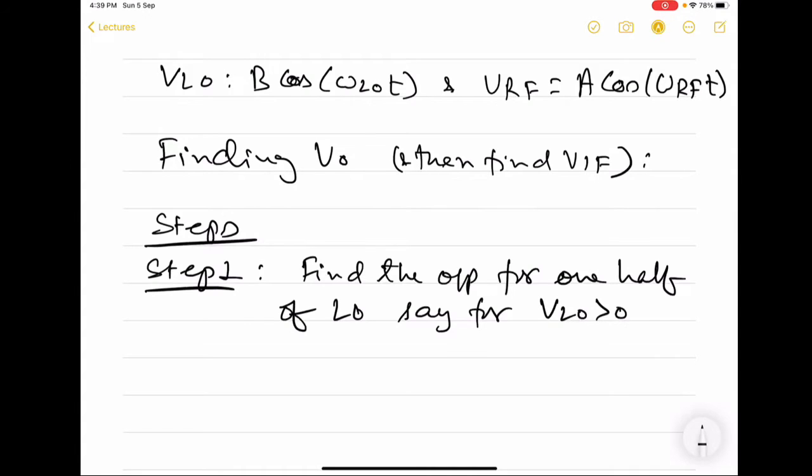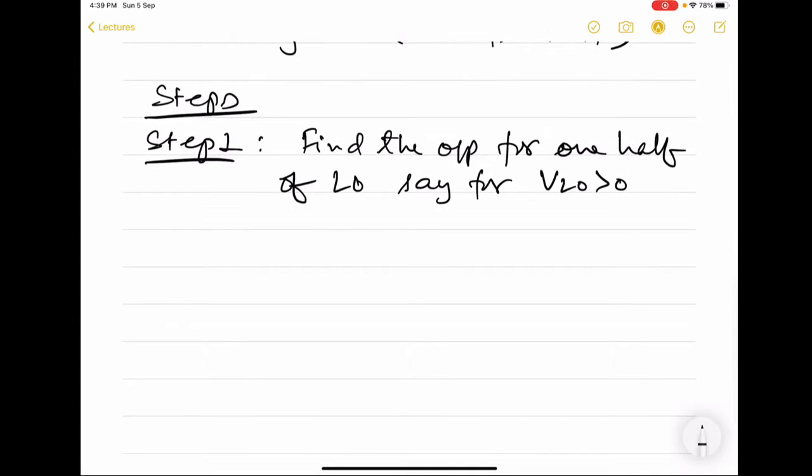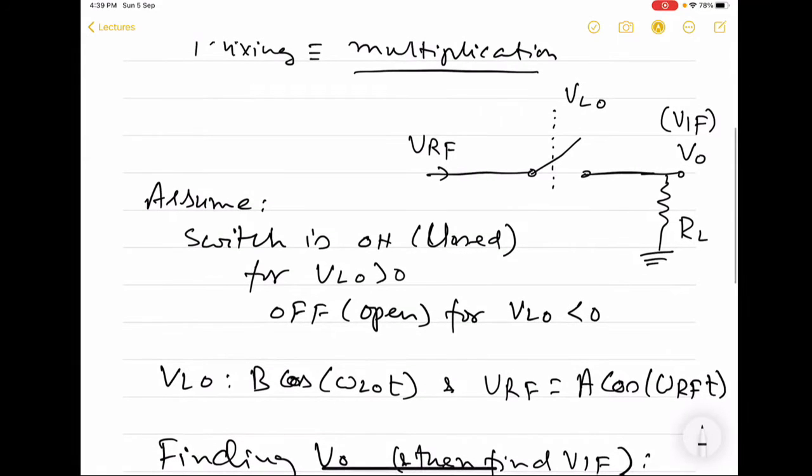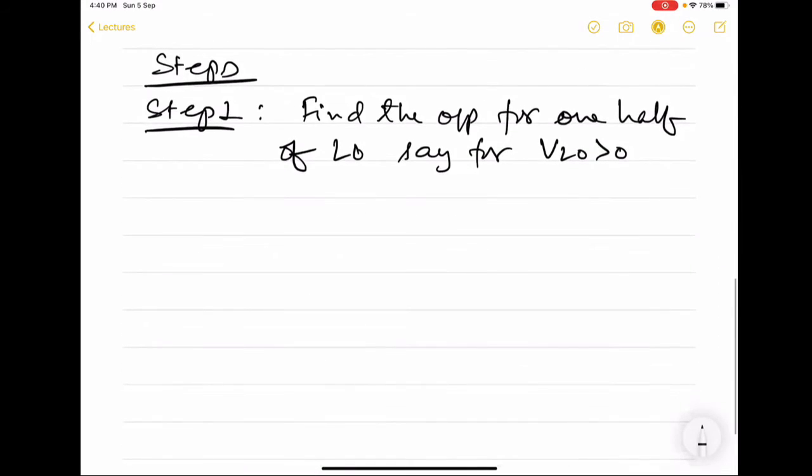So let us assume that VLO is greater than 0. And for this case, we want to know what the output will be. Based upon our assumption, since LO is greater than 0, the switch is going to be on. That means closed. And in this case, we will draw the modified circuit.